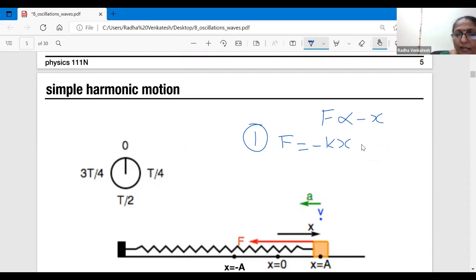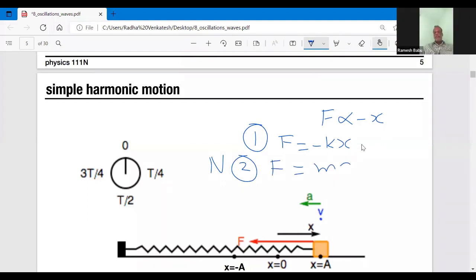Then next step: we wrote F based on the situation that F is proportional to x, and F is equal to minus kx. But now I bring in Newton's second law. The 2 stands for Newton's second law; I always tell them that, put an n next to it. What is Newton's second law's force formula?